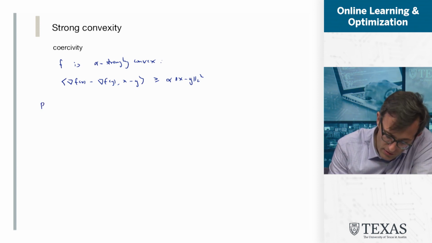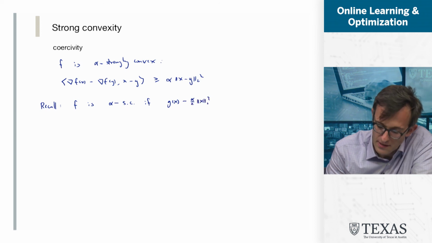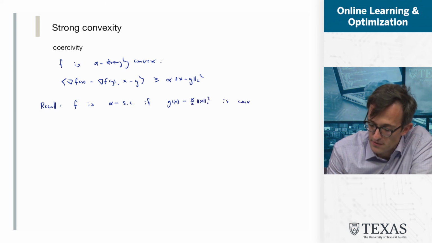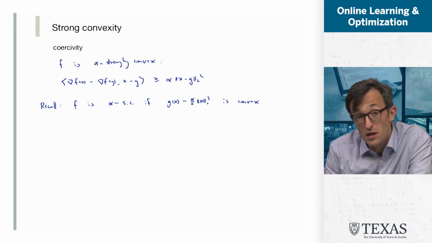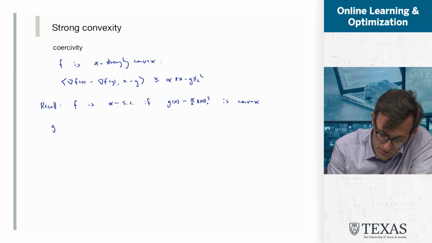So recall, f is alpha strongly convex if the function g of x equals f of x minus alpha over 2 times x squared is convex. Well, if this function is convex, then its gradient is monotone.